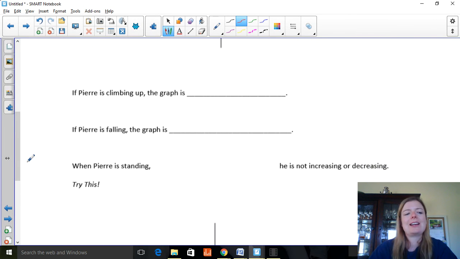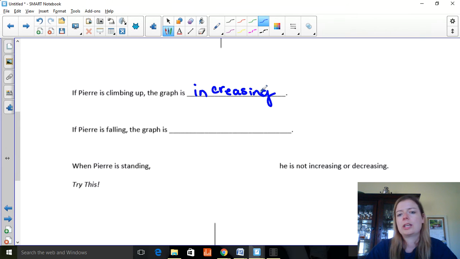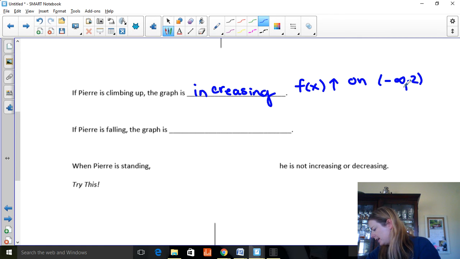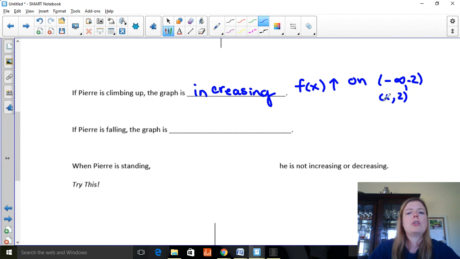So if Pierre is climbing up, then that means the graph is increasing. So we would say about that graph that f(x) is increasing, and you can just use an up arrow on the intervals -infinity to -2, and also 1 to 2.